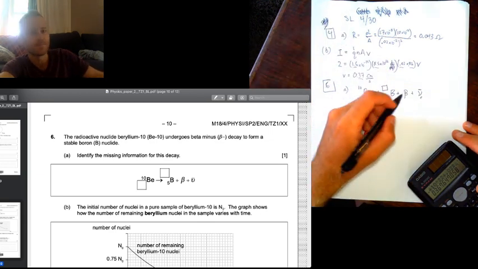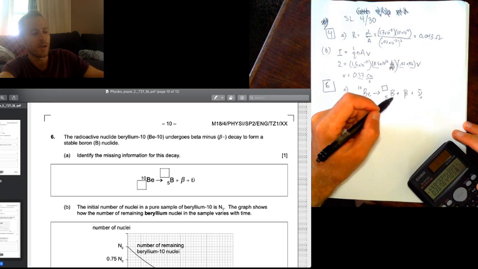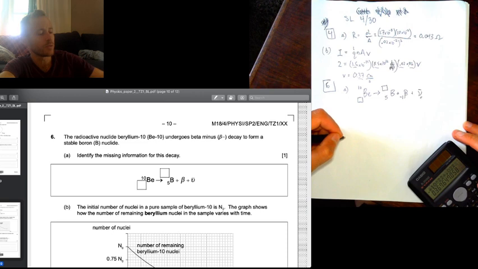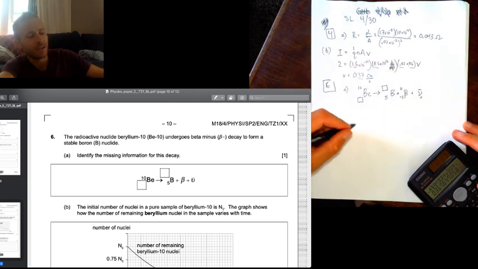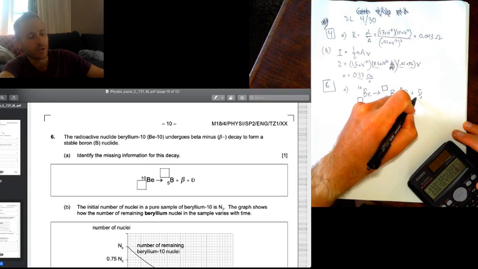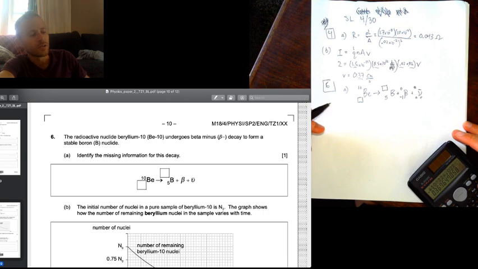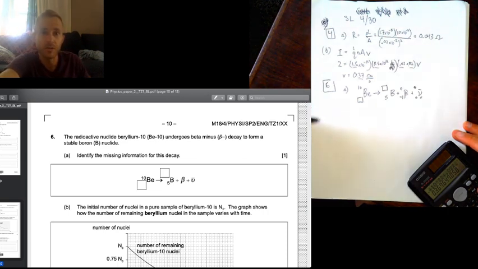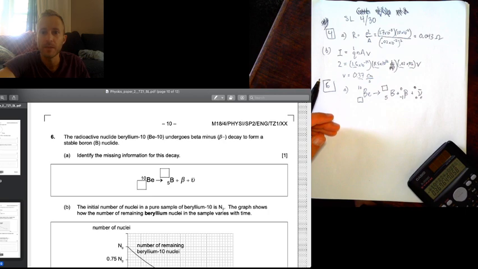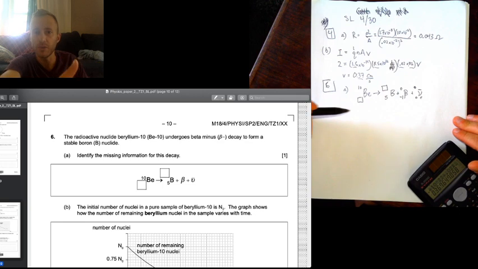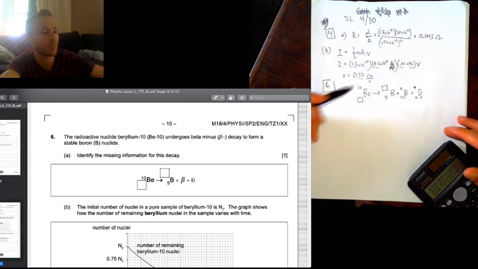Our beta is a beta minus that has a charge of -1, and it has a nucleon number of 0. The anti-neutrino has no charge, and it's not a nucleon, so its numbers are 0, 0. One of the things we learned about radioactive decay is that the charge has to be conserved, which is the bottom row of numbers, and the nucleon number has to be conserved, which is the top row of numbers.